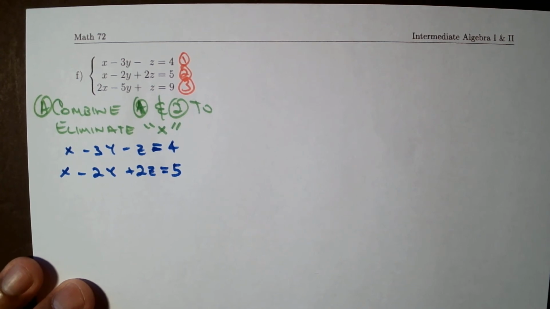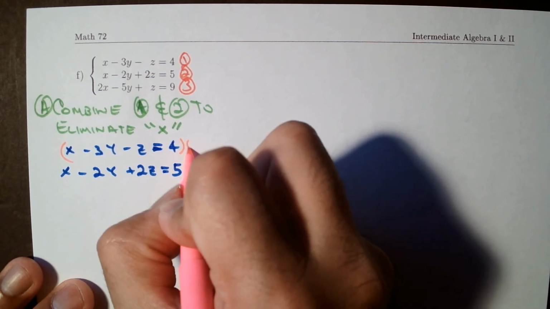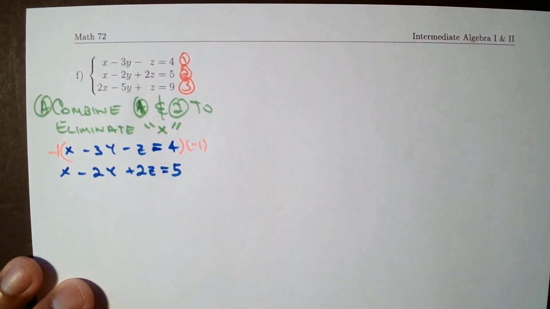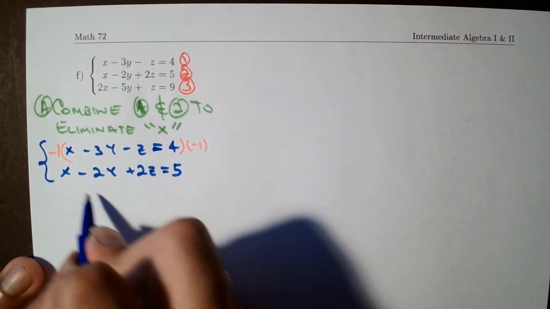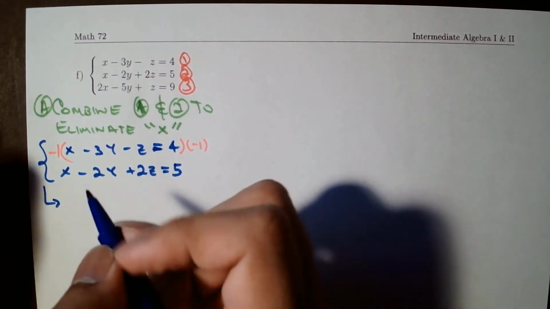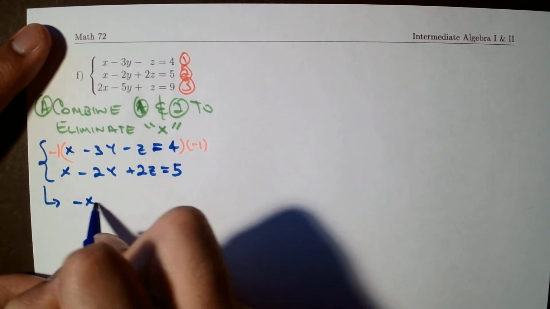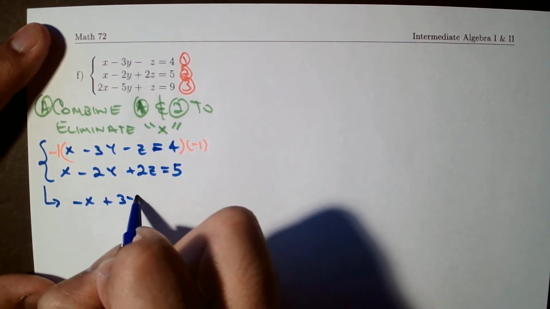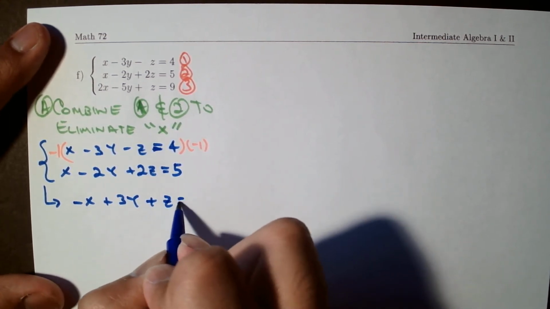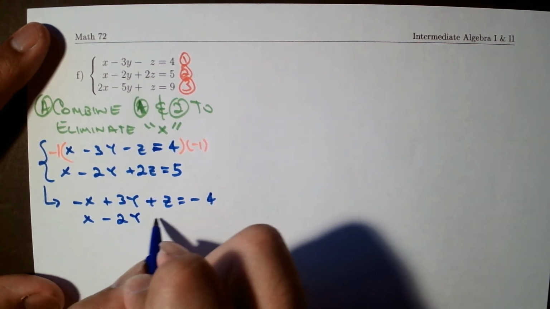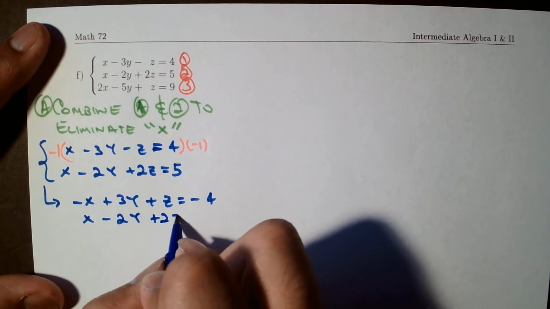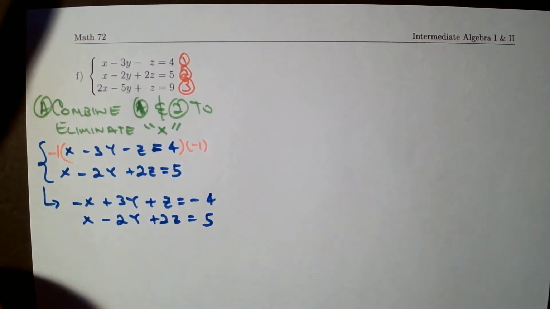In this case, let's multiply the first equation by -1 on both sides in order to have opposite sign coefficients. So let's rewrite the system. That's going to give us -x plus 3y plus z equals -4, and then x minus 2y plus 2z equals 5. This one remains the same.